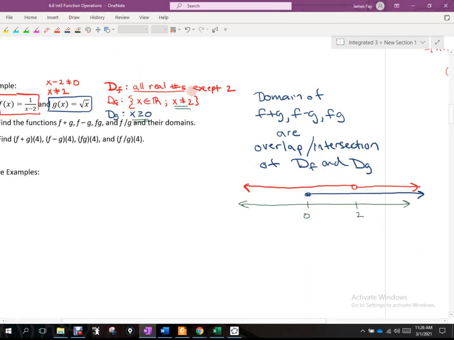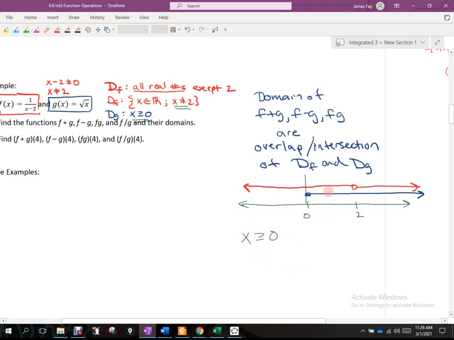So now, how could I verbalize, how could I write the overlap of those two domains? What would you say in words that my overlap would be here? Where do they start overlapping? If I read it left to right, where do they start overlapping? Start overlapping at 0, right? So I'm going to say x is greater than or equal to 0, okay?